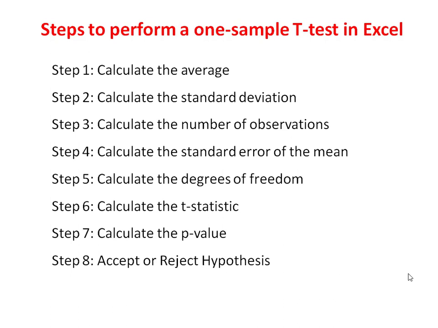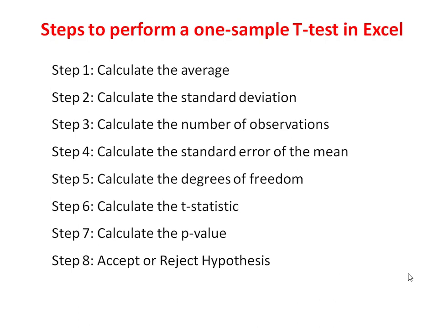Next one, what are the steps to perform a one sample t-test in Excel? First one, calculate the average of the sample. Second one, calculate the standard deviation. Third one, calculate the number of observations, that is total number of samples. Fourth, calculate the standard error of the mean.